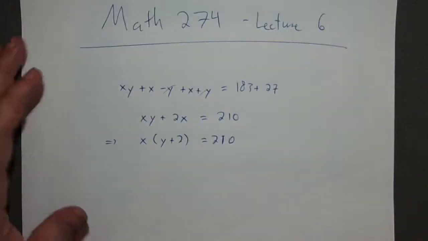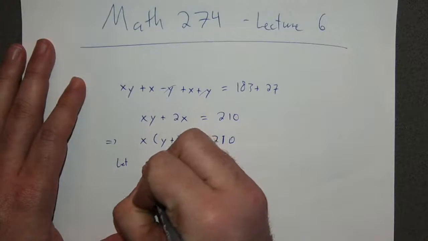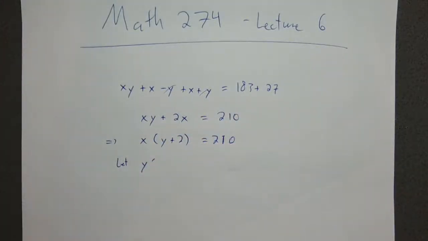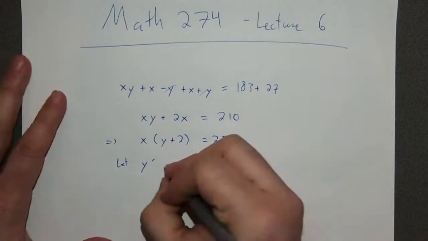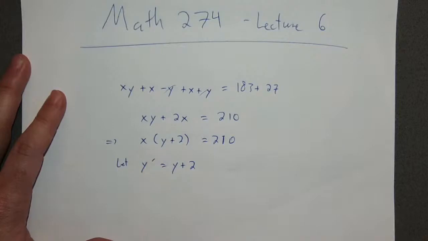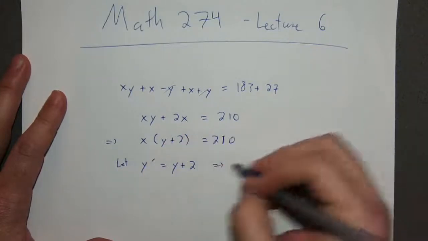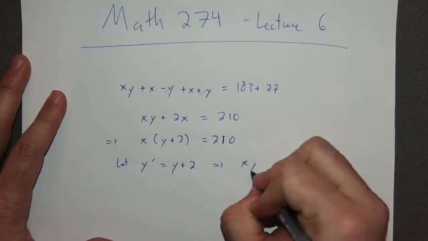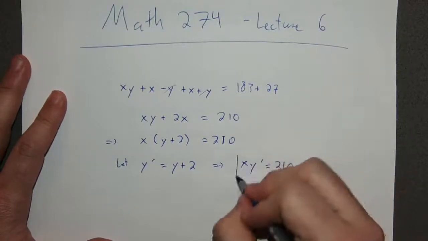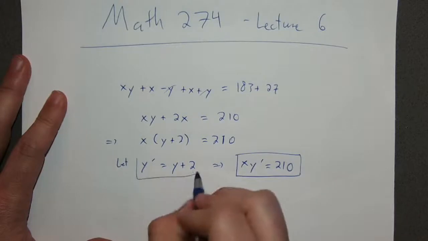This is me saying let y prime be y plus 2. Then what does this equation become? This equation becomes x times y prime is equal to 210. Just letting y prime be y plus 2.